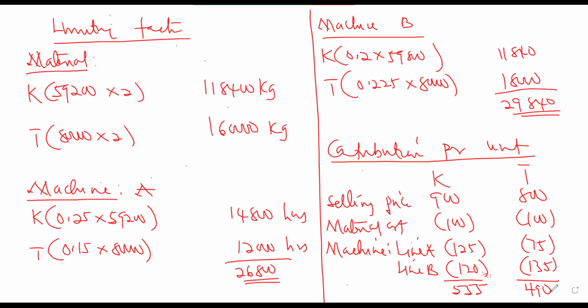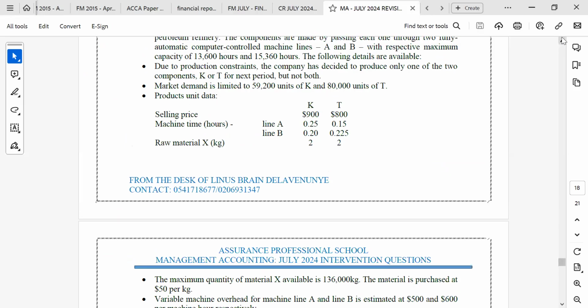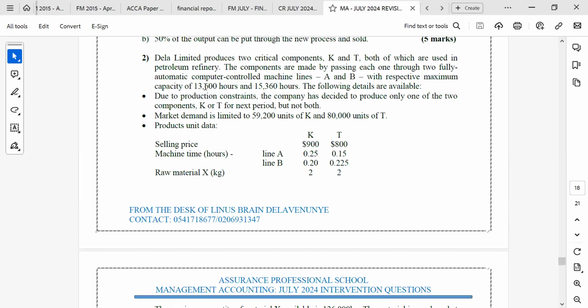But if you are producing product K now, you will not be able to produce all of them, because you need 14,800 hours of machine line A to produce product K, but the hours available are 13,600.